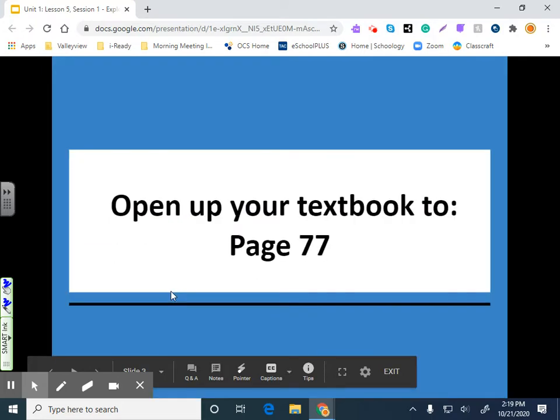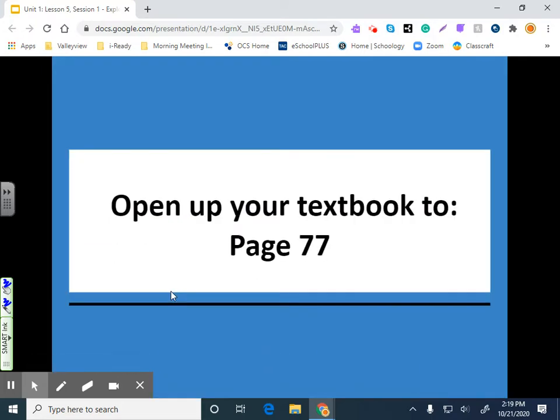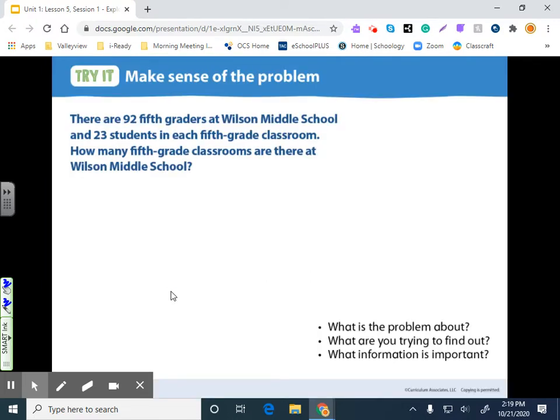So turn to page 77, and you should see a desk over there in the right-hand corner. Okay. There are 92 fifth graders at Wilson Middle School. So again, I like to have us underline the important information. So 92 fifth graders and 23 students in each fifth grade classroom.